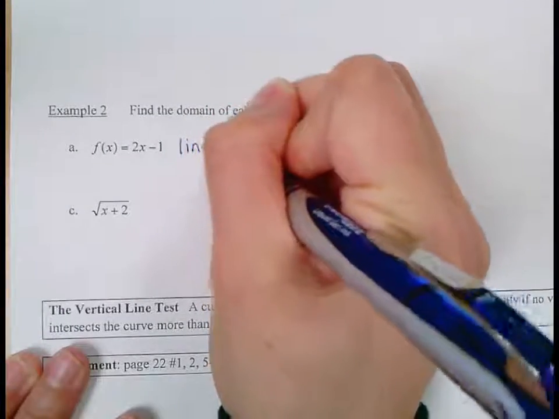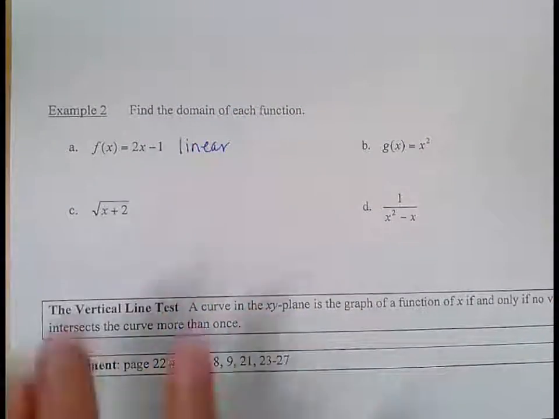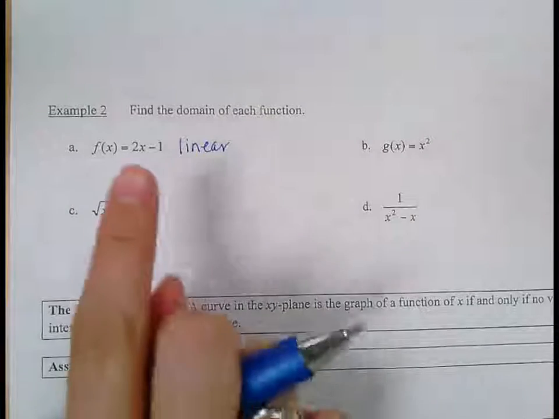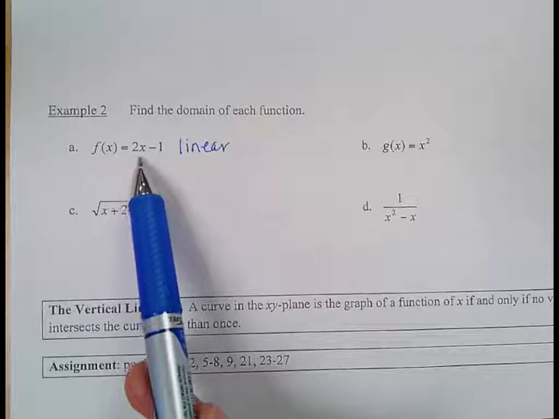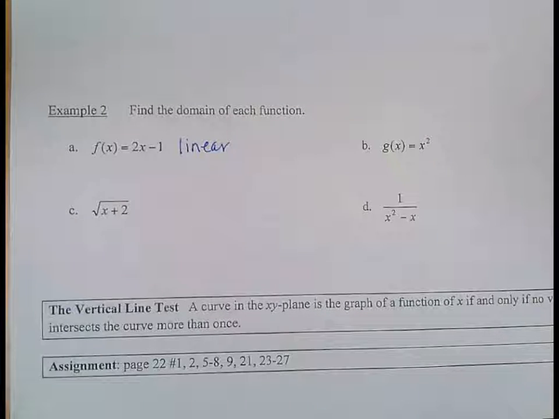We are going to go through, if you're looking at these and thinking what, all of the types of functions and what their formulas look like. So this is in the form f of x equals mx plus b, x is to the first power. It's linear. So when you see an equation, the goal is, okay, I see that, I know it's linear, I can picture the graph, I'm working with a linear function.